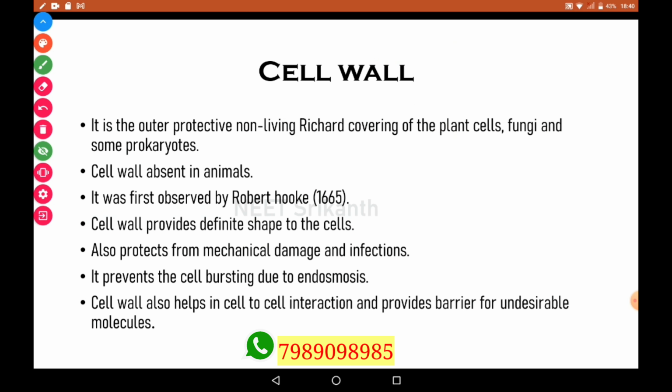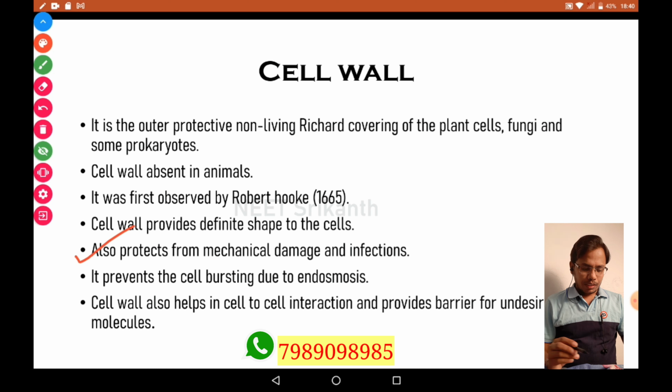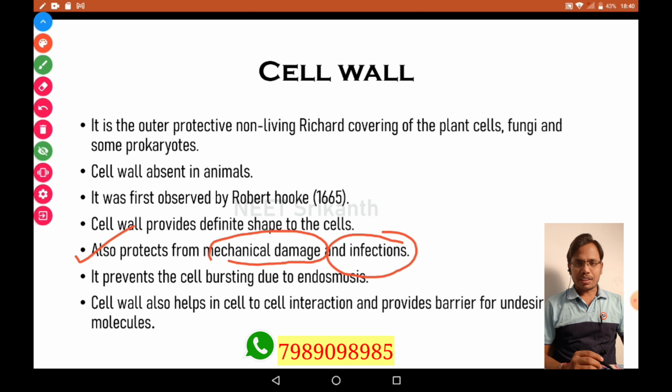Then next, the cell wall also protects the cells from mechanical damage, as well as infections. The cell wall is the outermost non-living rigid layer. So that's why it protects the cells from mechanical damage as well as infections.